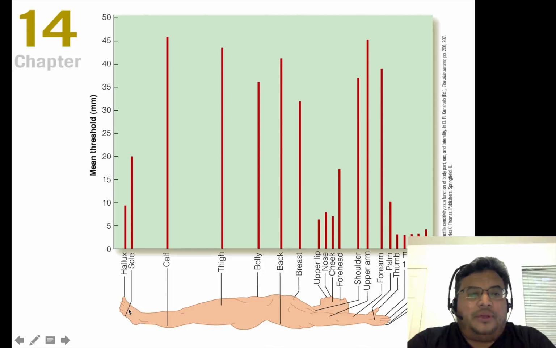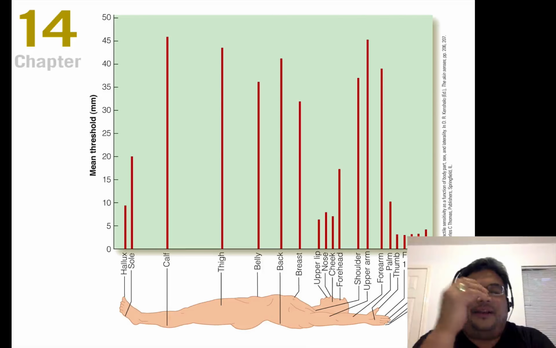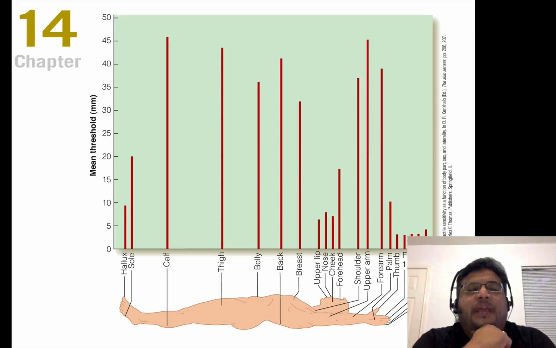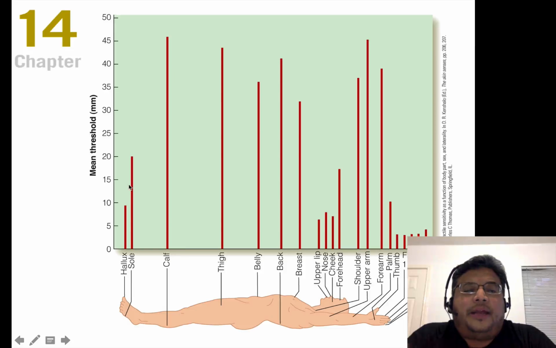So if we start with the toes and the soles of your feet, they're fairly sensitive. I mean, they're not that insensitive. But of course they have to be sensitive, right? Because you want to make sure you're not stepping on something that's dangerous, right? So they're kind of sensitive.